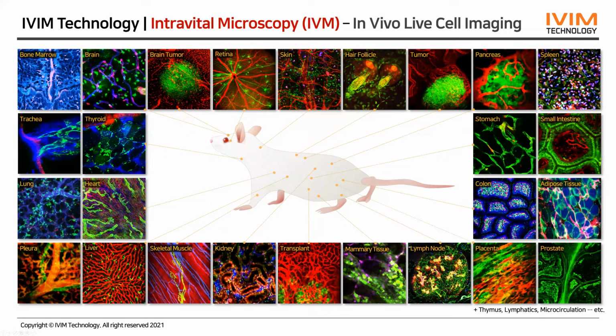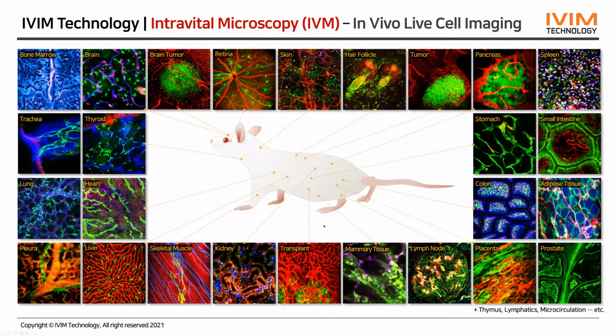The bone marrow, brain tumor, retina, skin, the hair follicle in the skin, and tumors, actually this is colorectal tumors, pancreas, spleen, stomach, and GI tract, adipose tissues, prostate, placenta in the pregnant mouse, and various lymph nodes, mammary tissue, and then kidney transplant, and skeletal muscle, liver, heart, lung, pleura in the lung, and the trachea and thyroid.